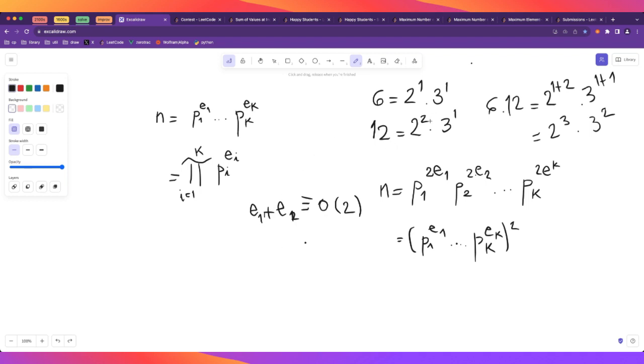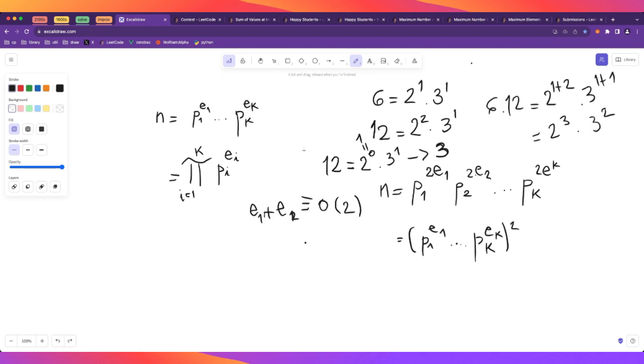That means that if we represent the numbers by their prime factorization, but instead of the exponent we take the exponent mod 2, this is going to represent, for example, for 12, 2 mod 2 is 0, and 3 to the 1 mod 2 is 1. So we are going to represent 12 as 3.